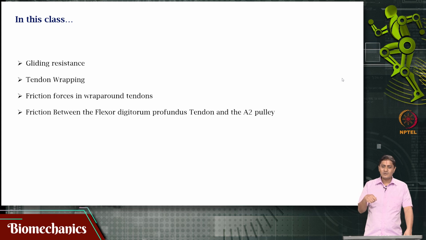Those tendons that wrap around the bone we call wraparound tendons. Using this approach, an experimental measurement of the friction between flexor digitorum profundus tendon and the A2 pulley of that tendon has been made.